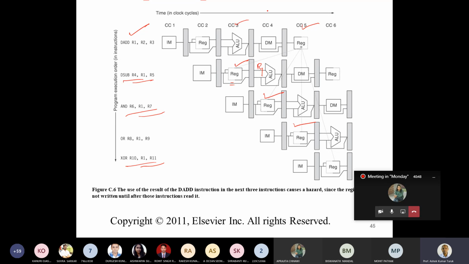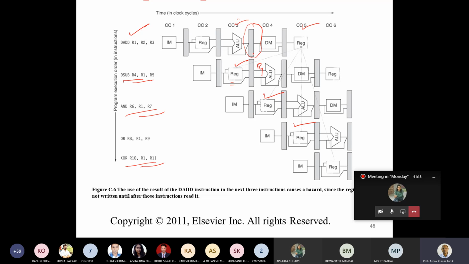The only thing is, it is not written to the register file. The register R1 is not updated, but it is computed and already written in the pipeline register between the execution stage and the memory stage. The subtract instruction needs the value of R1 only in clock cycle 4, and the value is already available in clock cycle 3.